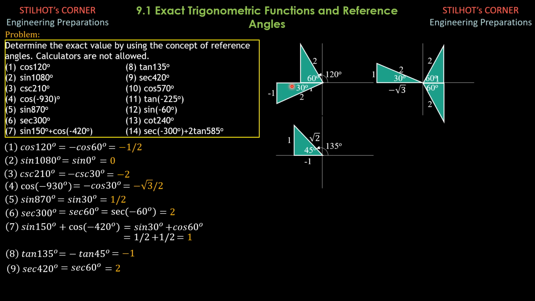So cosine of 570 degrees is adjacent to this reference angle. This is the terminal side of 570 degrees. So it is adjacent negative square root of 3 over hypotenuse. So it's like negative cosine of 30 degrees, but you are not obliged to do that. You just base it on the figure. It is negative square root of 3 over 2.